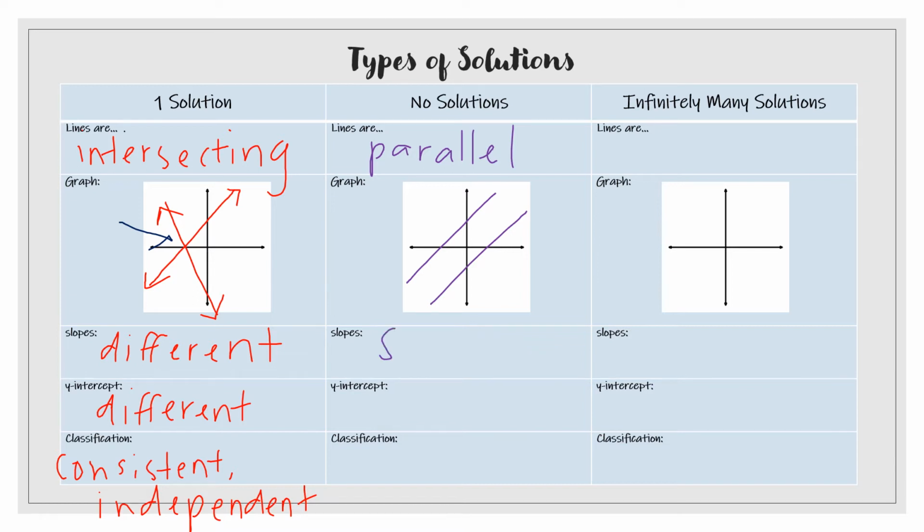So the slopes are going to be exactly the same every single time. For the y-intercept, these are always going to be different. Okay, and then for the classification, there are no solutions. If consistent means that it has solutions, no solutions would be classified as inconsistent.